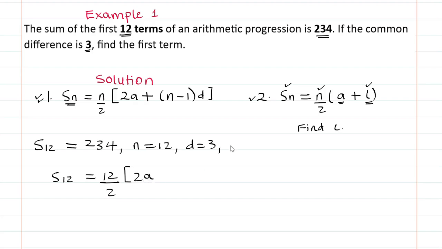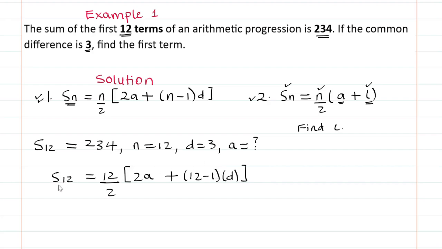Remember, we are looking for a, so our a is not given. We don't know a, so we keep it as a, plus (n minus 1), where n is the number of terms in question, that is 12 minus 1, times the common difference d. Close and keep your brackets accordingly.